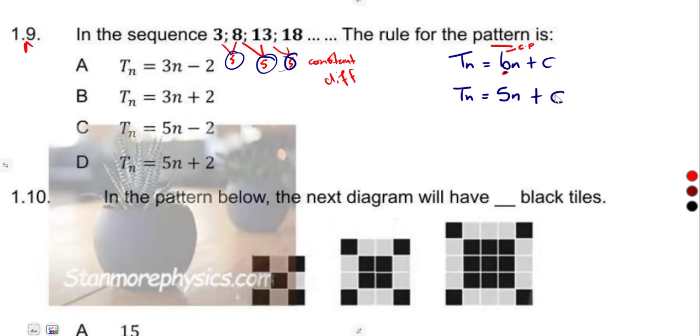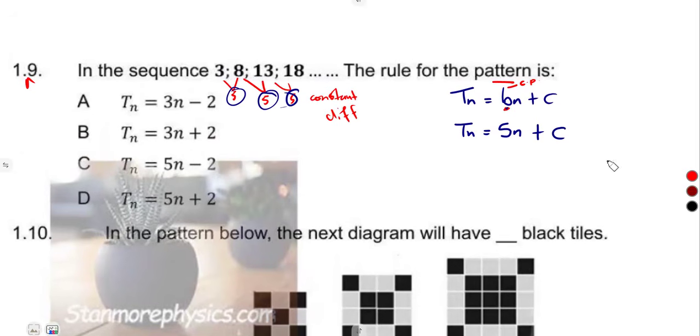So c is the constant to be calculated. To determine this, you use the terms that you are given: the first term, the second term, the third term, and so on. You just take any one which corresponds. I'm just going to use the first term.